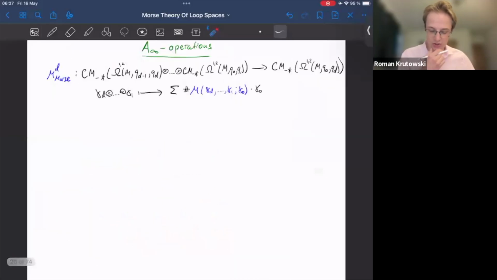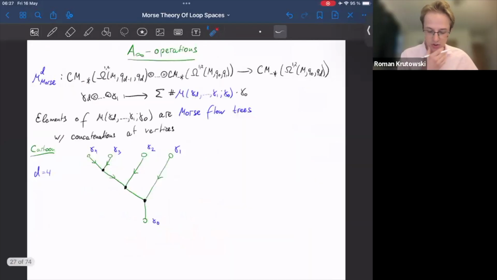More generally, we can introduce infinity operations. So if we have d critical points in these various path spaces, we may count Morse flow trees with concatenations at vertices.